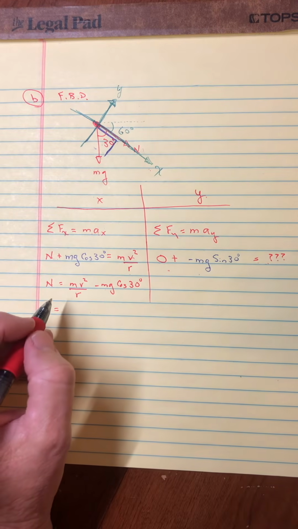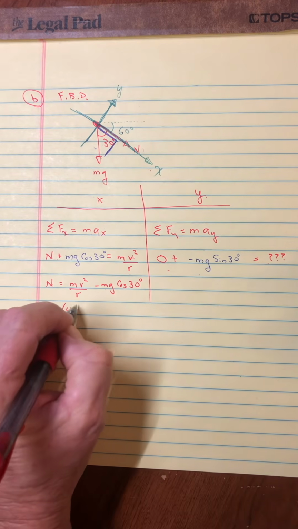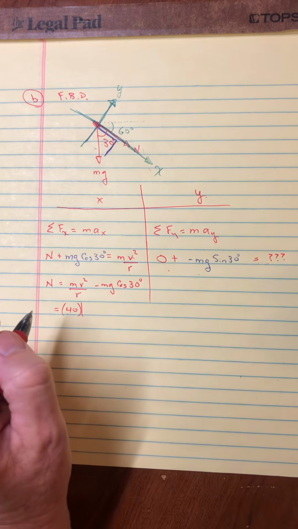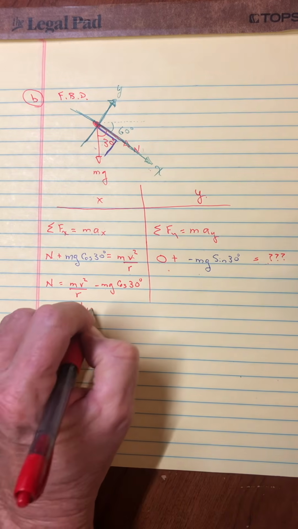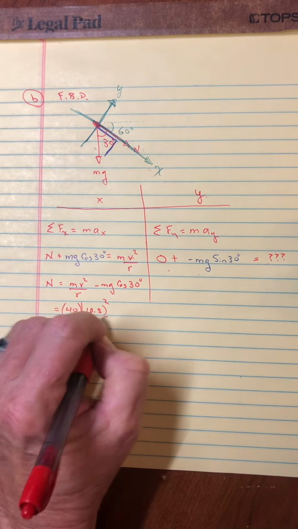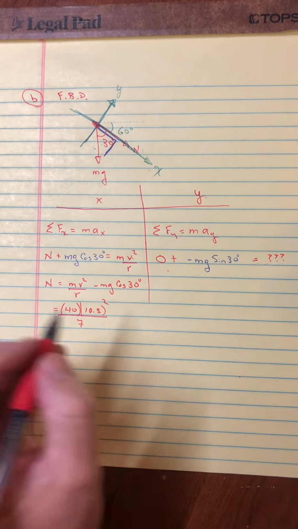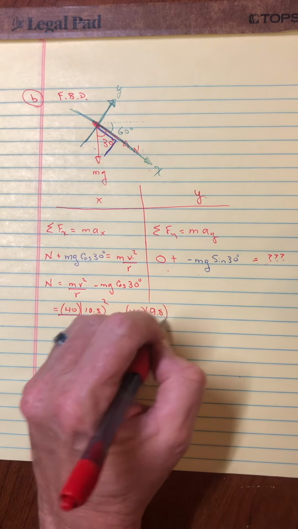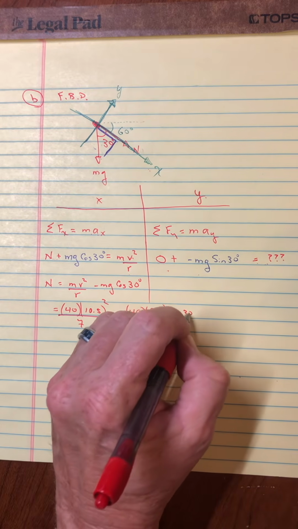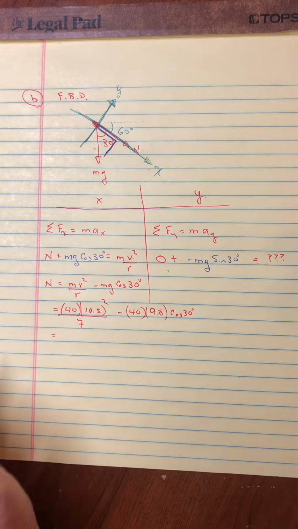So now I can put in the numbers. And so here is the 40. It is going a little faster, what I see up there, 10.5, so 10.5 squared. The radius is still 7. Again, 9.8 and cosine 30 degrees.